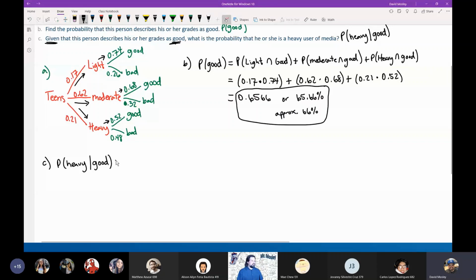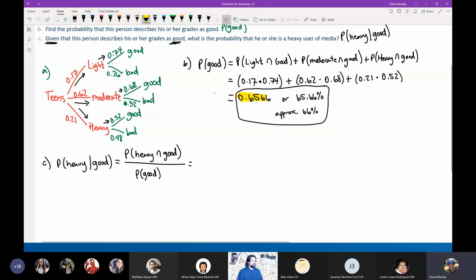All right. Now we know again that this is equivalent to the probability of heavy and good divided by probability of good. And this is our conditional probability rule. We have all these numbers, hooray! So we have probability of good.